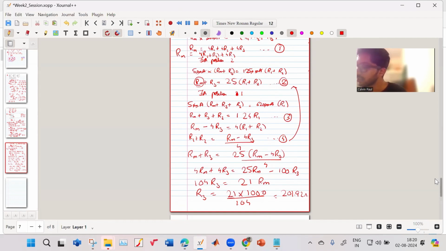Now what we want to do is find R2 and R1. So we will look for a way in which we can eliminate R3. We can eliminate either R1 or R2. Okay. So any suggestions?